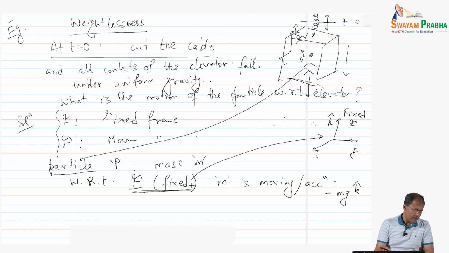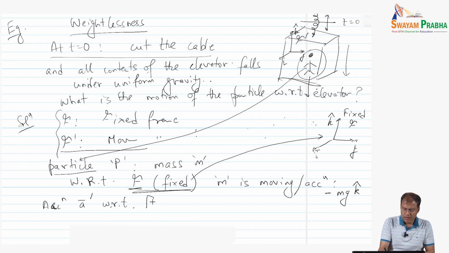And then we have to figure out the acceleration of this particle of mass m with respect to the moving frame, right? So we have to figure out the acceleration a bar prime with respect to the frame F prime.